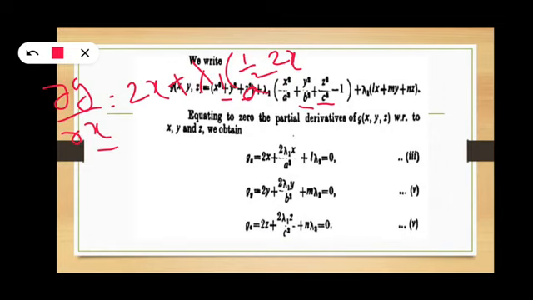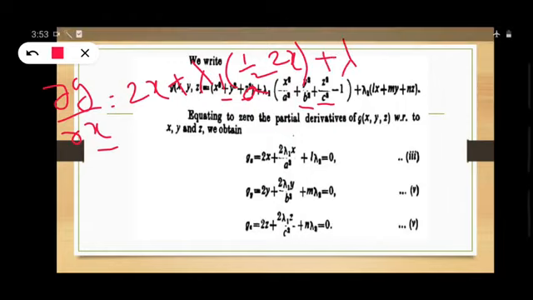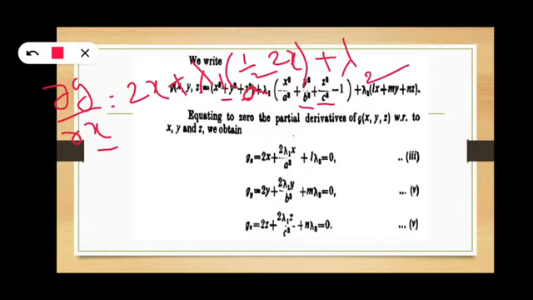Partial differentiation makes these 0. Here we close the bracket. Plus lambda 2 into lx plus my plus nz. Here the derivative of x is 1, so l into 1, plus my will be 0 because there are no x terms, so just neglect it.